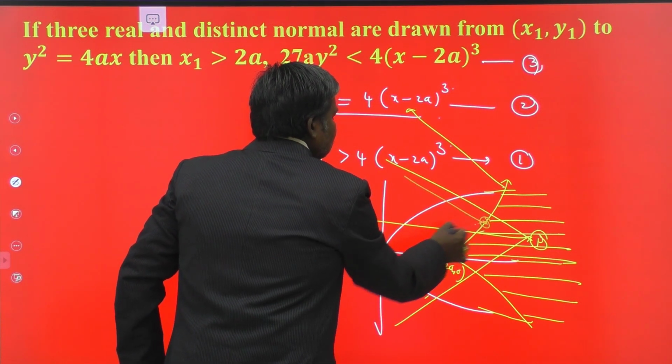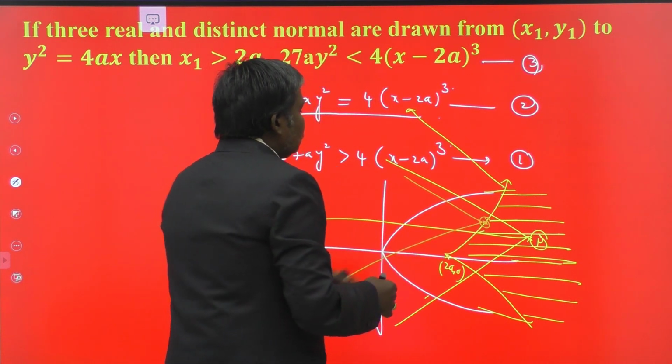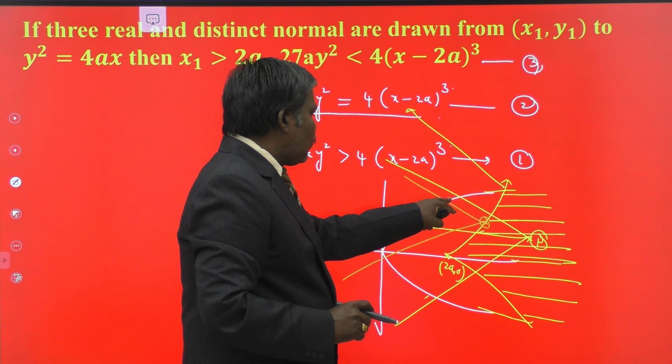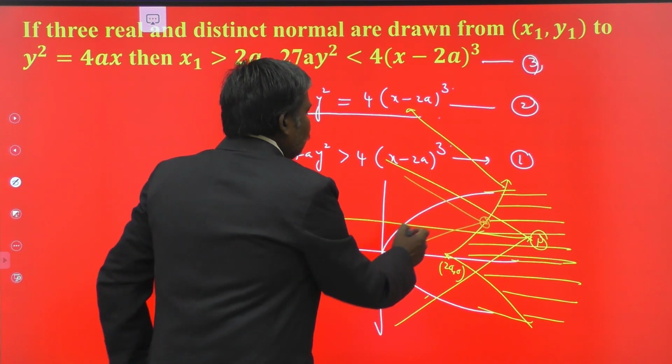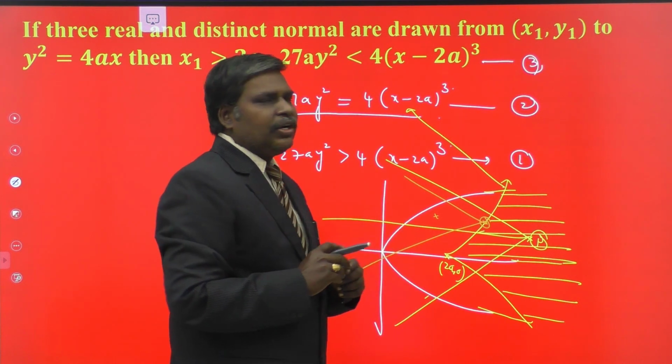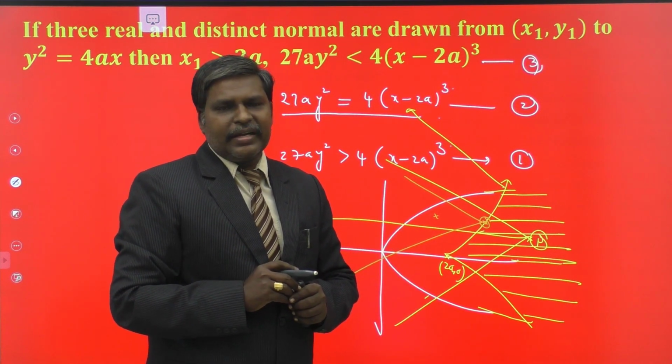That means out of 3, 2 of them are coincident to each other. Suppose your point is here, you can draw only 1 normal through that point to the parabola. Am I correct or not?